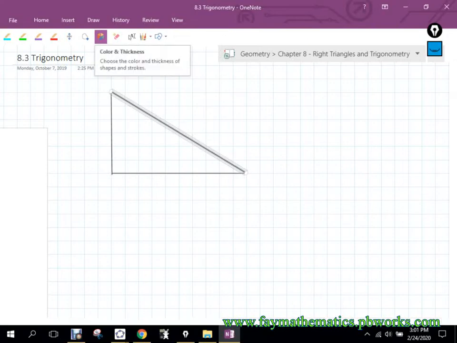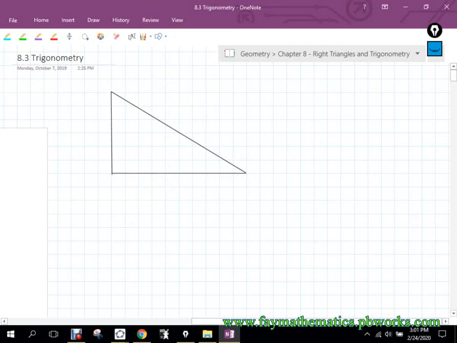All right, so I'm going to say that I've got this triangle here. We'll just call it A, B, C. Let's focus on angle A here. Okay, so this would be the opposite of A. This would be the adjacent, and this would be my hypotenuse, right?